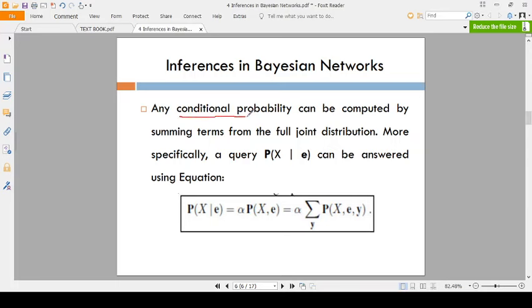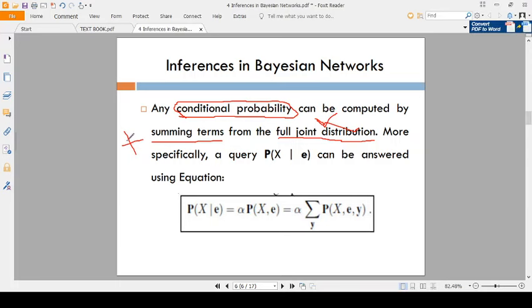Listen. You are calculating the conditional probability by summing terms. Summing means addition. By summing the terms from the full joint distribution. So you have the full joint distribution. From the full joint distribution, some terms are there.